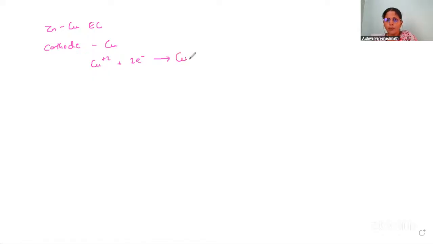After some time, solid Cu gets deposited on that electrode. So there is gain of electrons, therefore cathode. The Cu2+ ions are taking up these electrons, therefore I can say cathode rod.